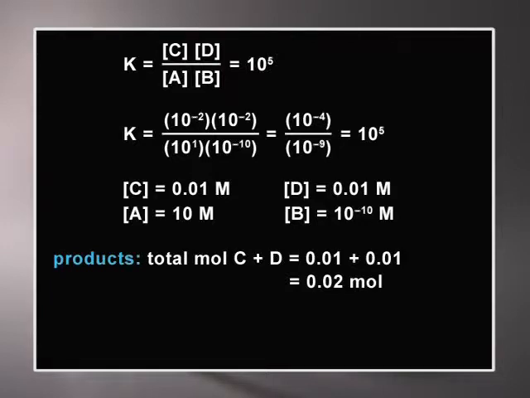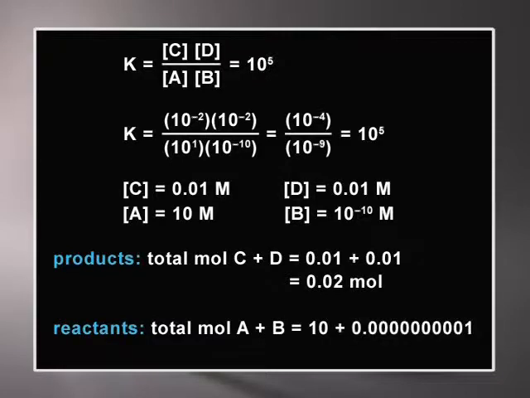That's all. That's not a lot of products. How many total moles of reactants are there, A and B? Well, there's 10 moles of A, lots of A. There's almost no B, 10 to the minus 10th of a mole, hardly worth adding in, but we'll add it in anyway, 0.00001, for a grand total of 10.0001 moles of reactants.